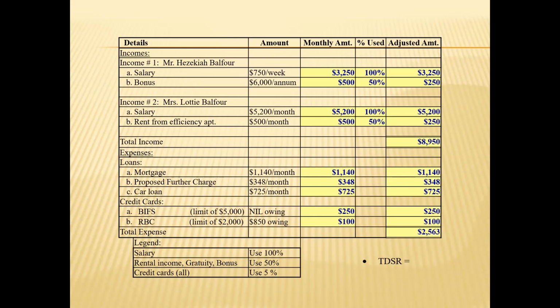Or you can round up because that 6 is greater than 5, you can round it up to 29. Okay, so 28.64 or 28.6 or 29%. If you're unsure of rounding up the whole number, keep it with your decimal points.